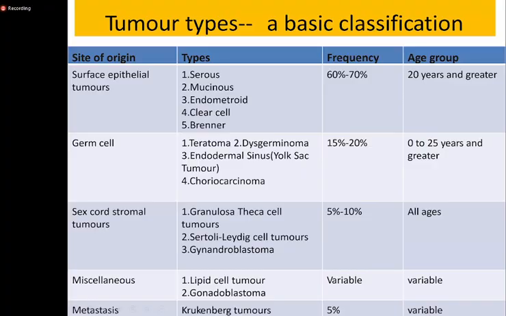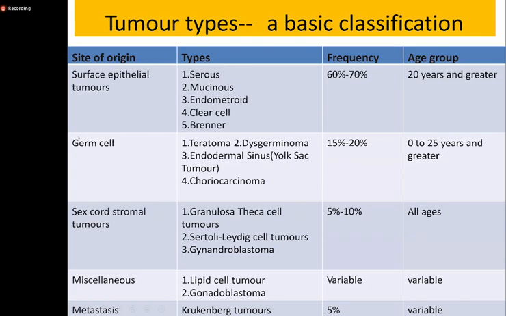Okay, so this is a table showing a basic classification of ovarian tumors. And because the ovary is such a complex organ, the classification of ovarian tumors can also look very complex and daunting, but we tend to group them in terms of where they arise, the site of origin in the ovary. For example, tumors that arise from the surface epithelium, that's the biggest group, and there are quite a number.